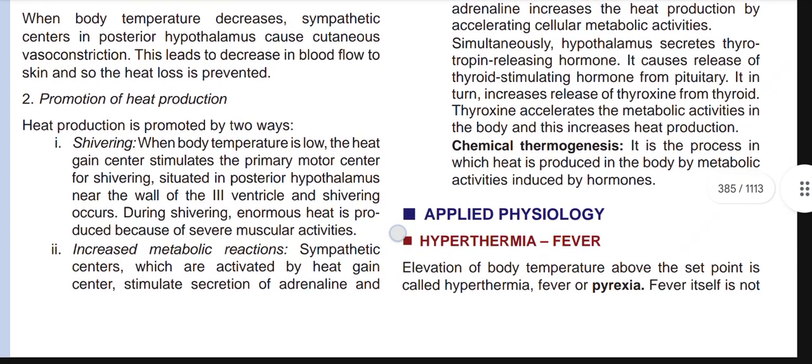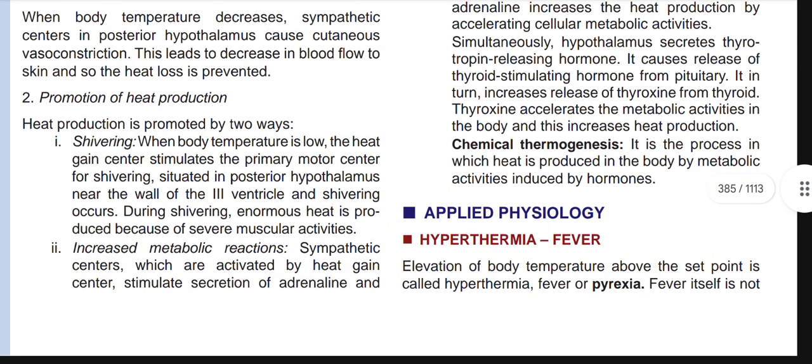Thyroxine accelerates the metabolic activities in the body, and this increases the heat production. And chemical thermogenesis: what is chemical thermogenesis? It is the process in which heat is produced in the body by metabolic activities induced by hormones.